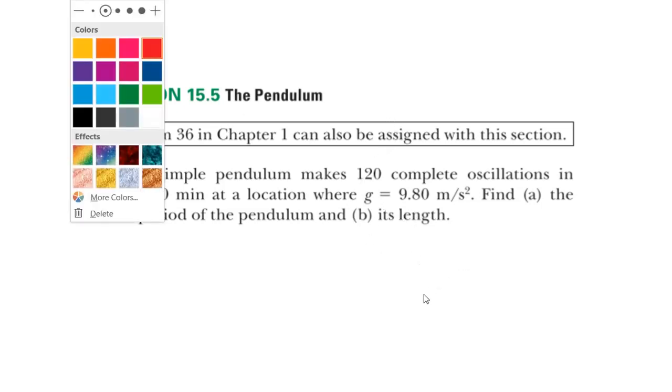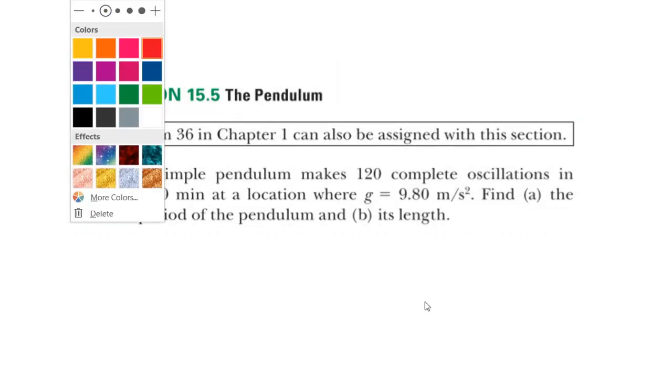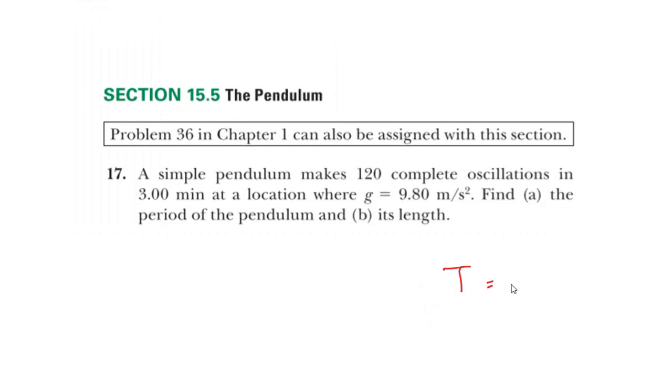If we jot down T equals 2 pi square root L over g, we have partial data here. We don't have this L value. In fact, the next question is the length, so we are not yet to use this expression. This is meant for part B.